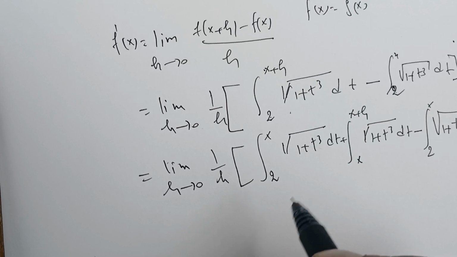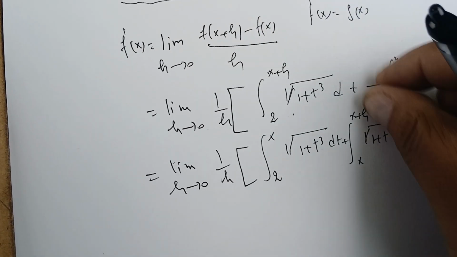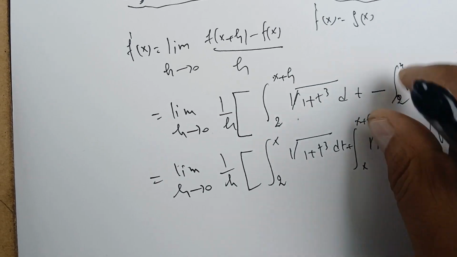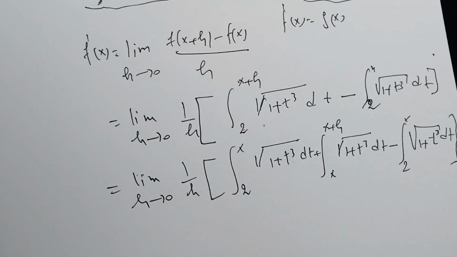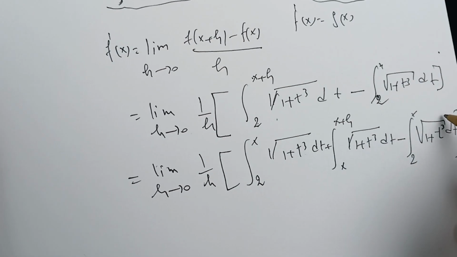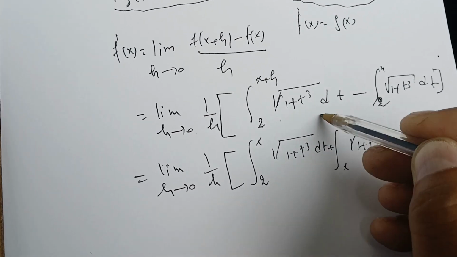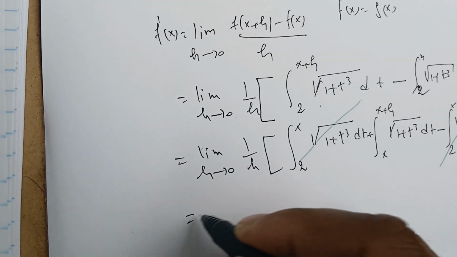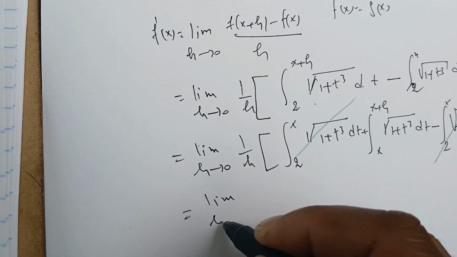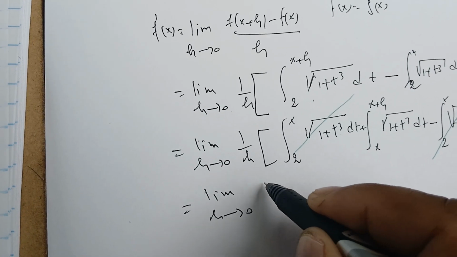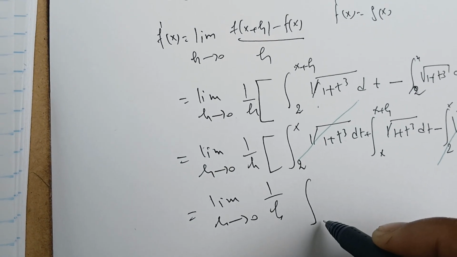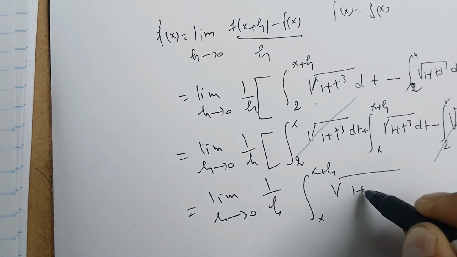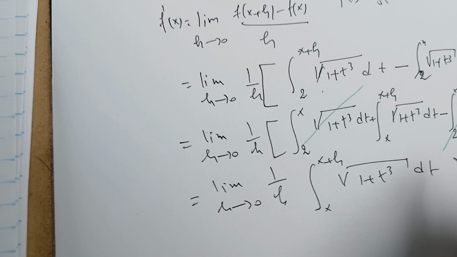I could have switched this integral and used the minus sign as a plus, but both lead to the same thing. Now I can get rid of these. So what's left is the limit as h goes to 0, 1 over h of the integral from x to x plus h of the square root of 1 plus t cubed dt.